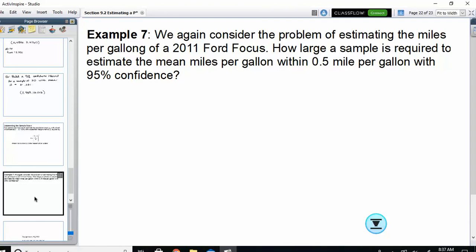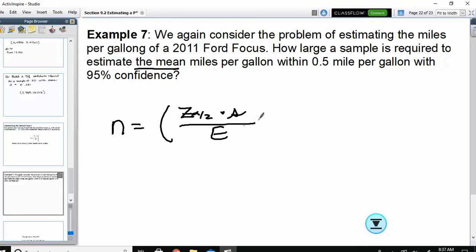So in this example, we're going back to our miles per gallon example. How large of a sample is required to estimate the mean miles per gallon? So we're estimating the mean, so that means we use the second bullet on our sample size formula. So n is z alpha over 2 times s divided by E, squared.